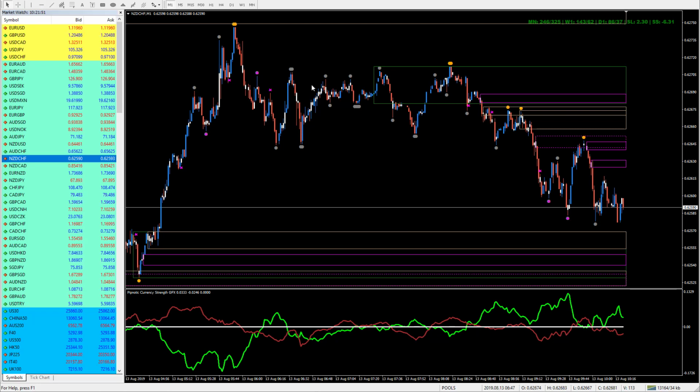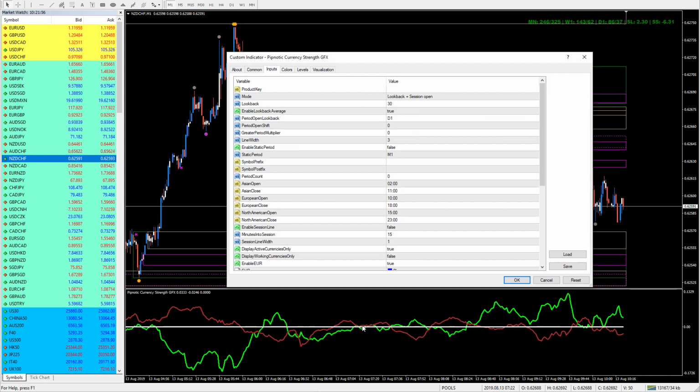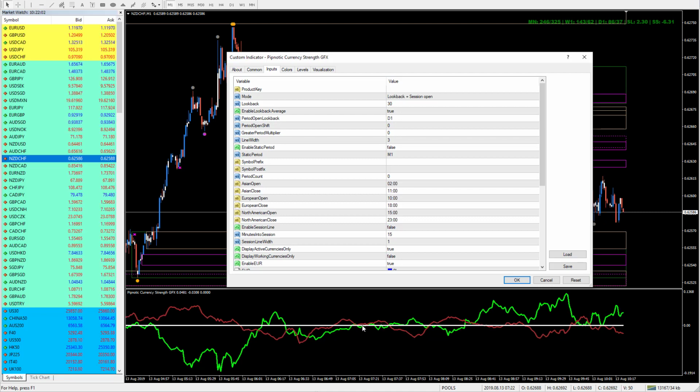You guys do have access to the GFX currency strength indicator. I've had some updates along the way, but it's been running basically in this form for over 7 years. So it's a really solid piece of software, and it works really well. If you haven't used it, give it a shot.